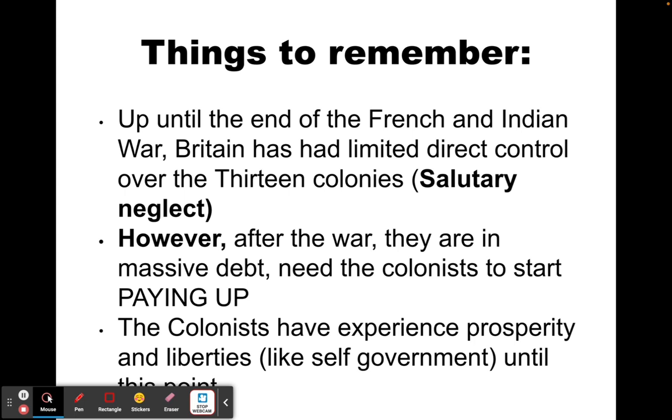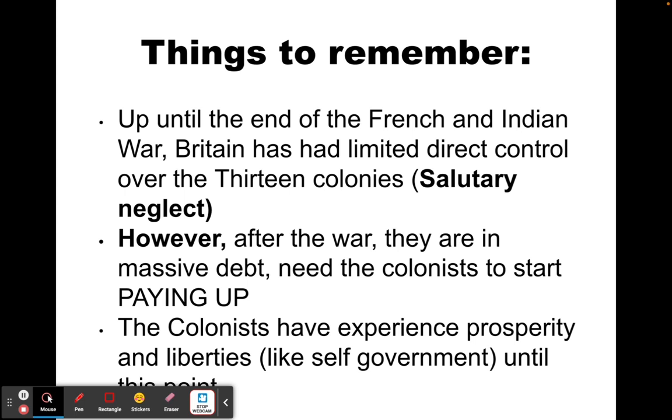So, for the people living in the 13 colonies, they felt as though the British government was just letting them do whatever they want, as long as they were trading with them and sending goods to them economically. But the war had cost a lot of money. So, they are in massive debt. So, the colonists need to start paying up.